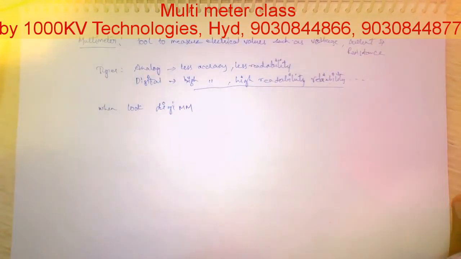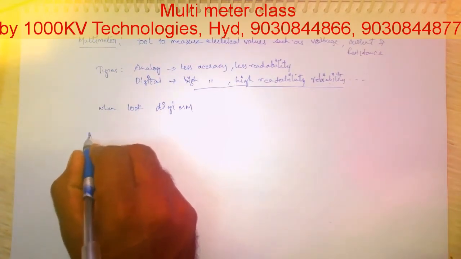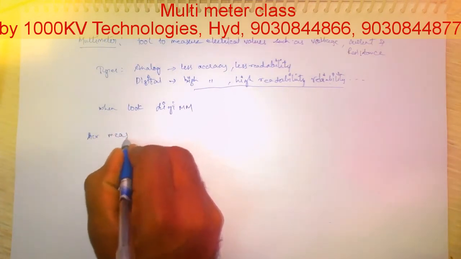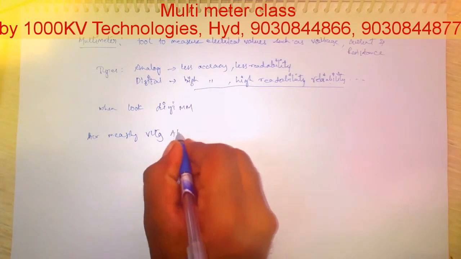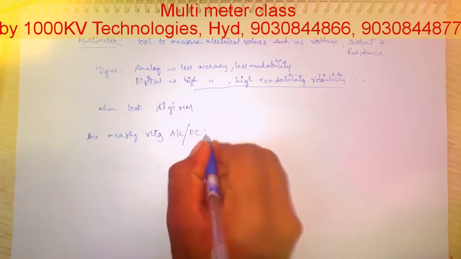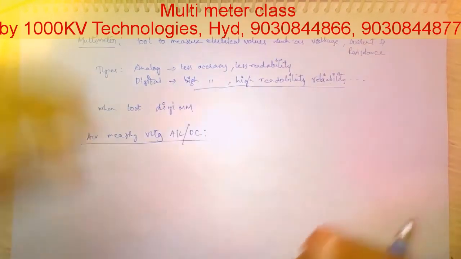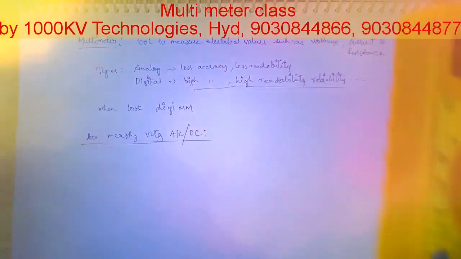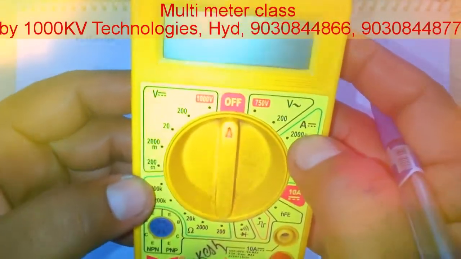Coming to using a multimeter for measuring voltage, it can be AC or DC. You can measure AC voltage or DC voltage. Now you can see this multimeter has a voltmeter. V indicates the voltmeter, A indicates the ammeter.